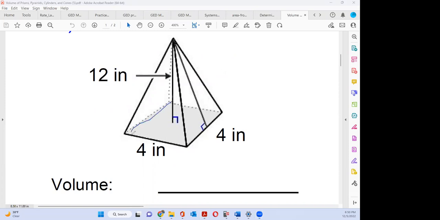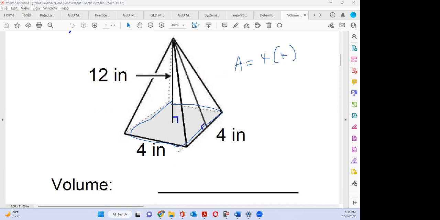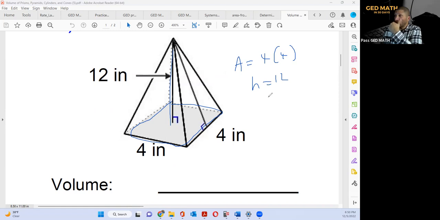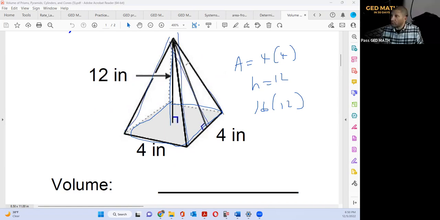I see the base right there. So the area of the base is 4 times 4, correct? The height is 12. So 16 times 12. Because it comes to a point, remember I told you, if it comes to a point, we divide by 3.